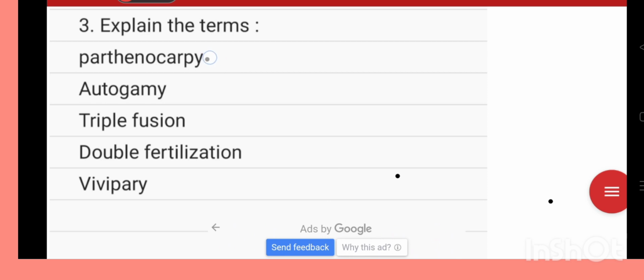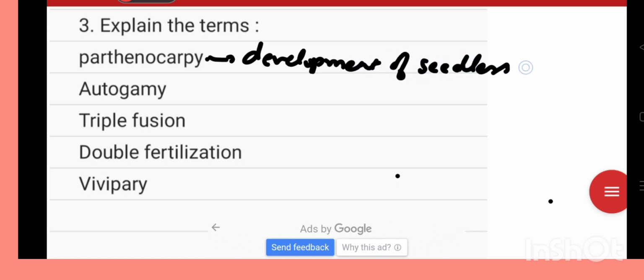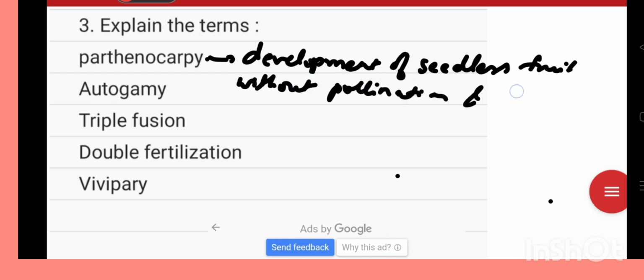First is parthenocarpy, which is the development of seedless fruit without pollination and fertilization. Next, what is autogamy?